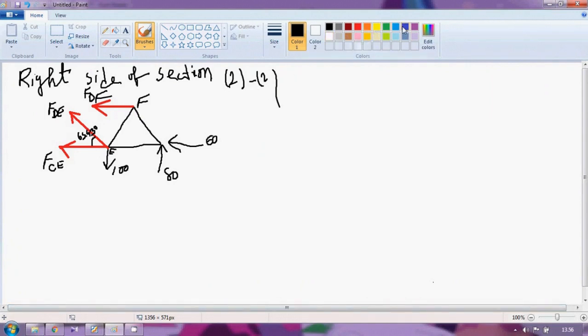This inclined force, at first we have to resolve it into two components. If I resolve it, it will be like this: a horizontal component and a vertical component.